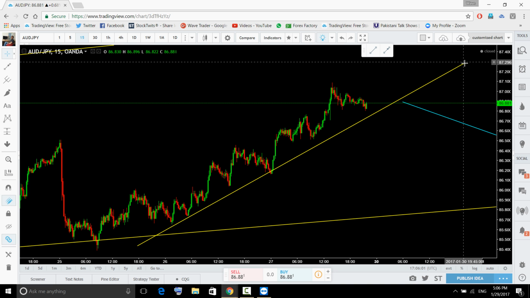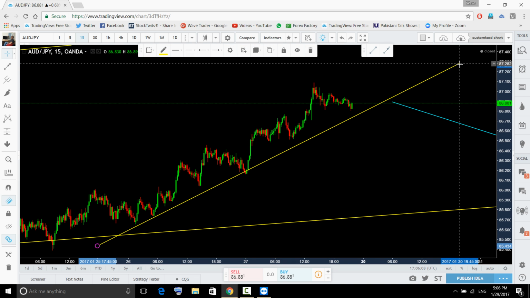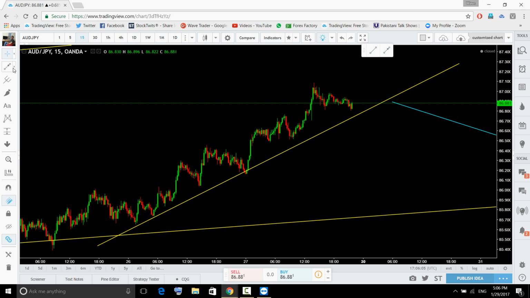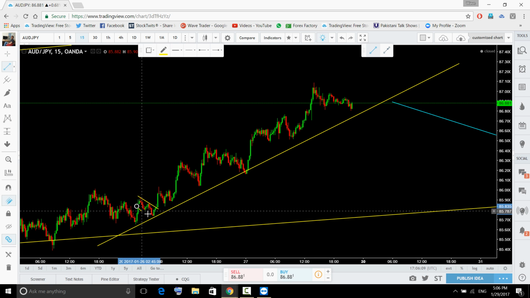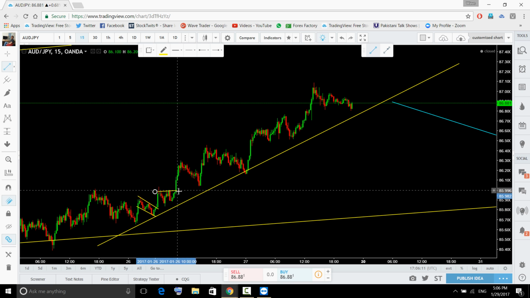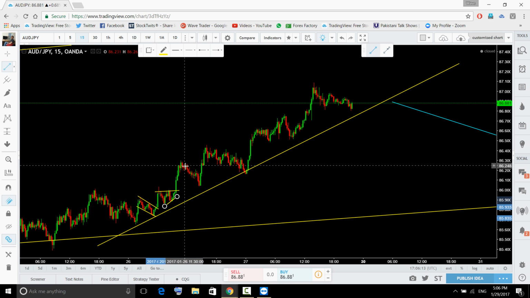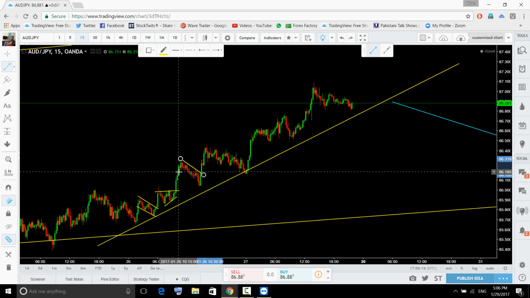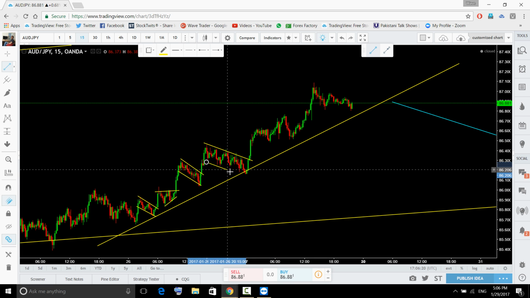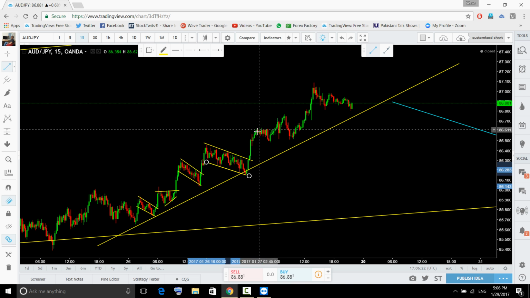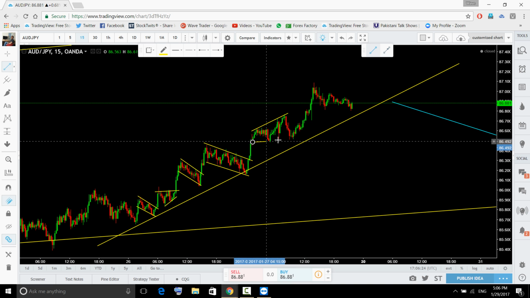Price is pushing to the upside, forming a continuation pattern, pushing, continuation pattern, pushing. For example, continuation pattern here, continuation pattern here, continuation pattern here. Here we got another continuation pattern. Here we got another continuation pattern.